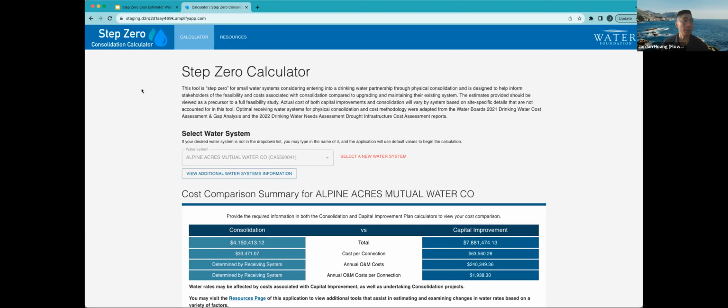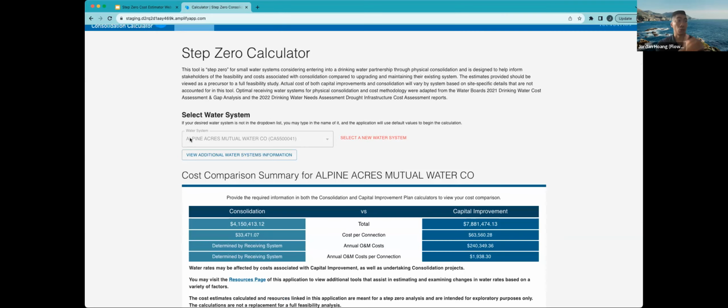Will cost data in the tool be updated each year? The goal of this application is hopefully to keep it as relevant and updated as we can. I know there's the API for the water systems, which hopefully addresses the problem that a few of y'all are having of not all water systems appearing in the dropdown. Hopefully when we switch over to that API with live data, that takes care of it.